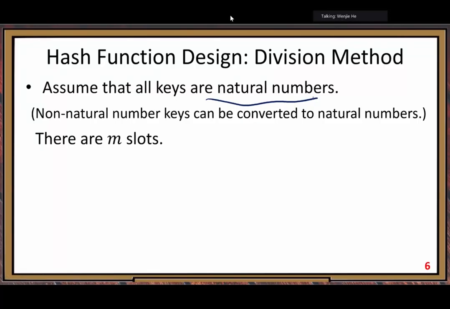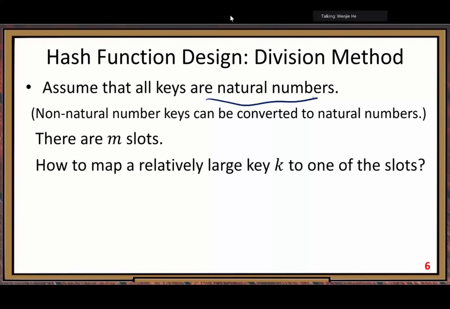The number of slots, assume m. Then our key k is very large. Now we do the mapping. The first simple way for the mapping, h of k, we just take k mod m.